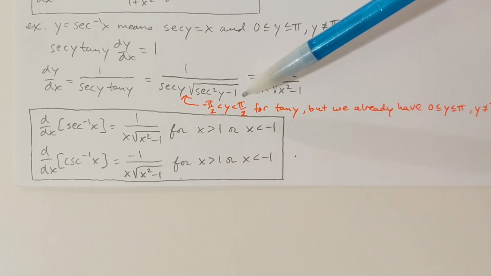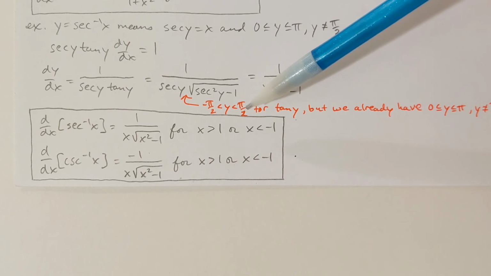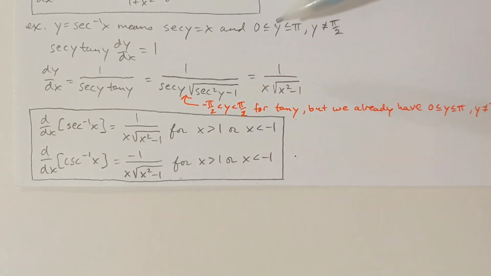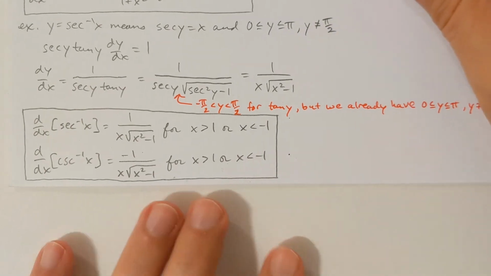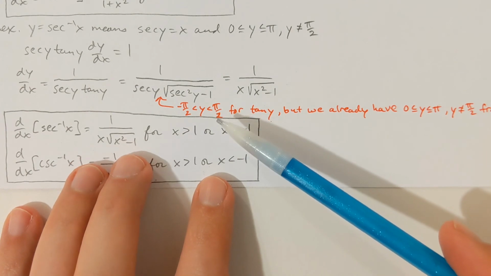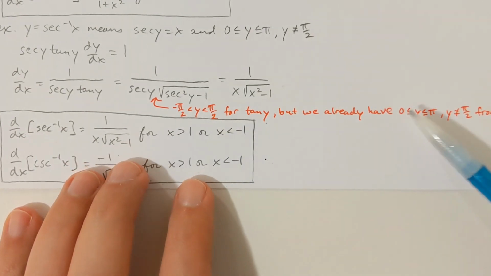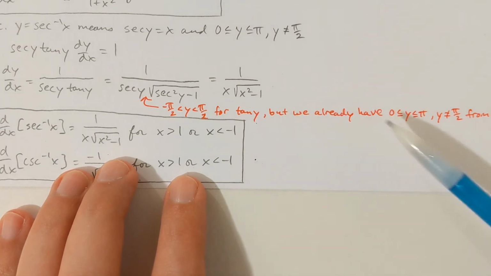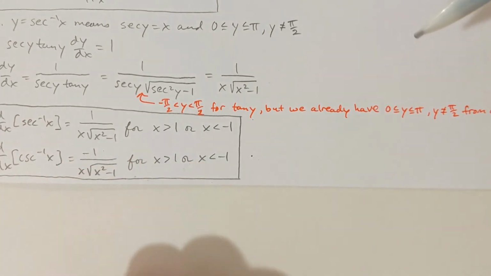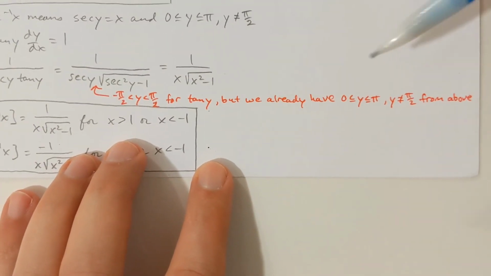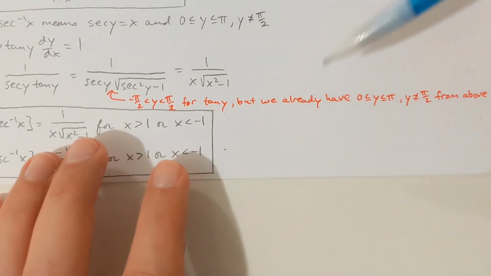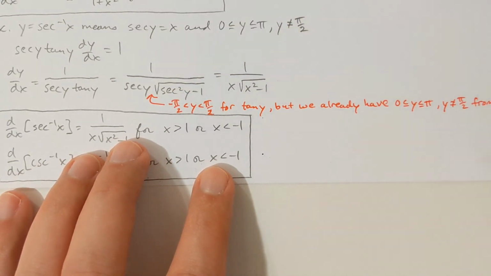Now, I don't need a plus or minus here, because if you look at the graphs of the tangent inverse curve and the already stated conditions on y, you would have y ranging between negative pi over 2 and pi over 2, but we already have y ranging between 0 and pi, so the overlap of those two intervals is that y has to range between 0 and pi over 2, okay? So the y values are already going to be non-negative numbers. We don't need plus or minus.